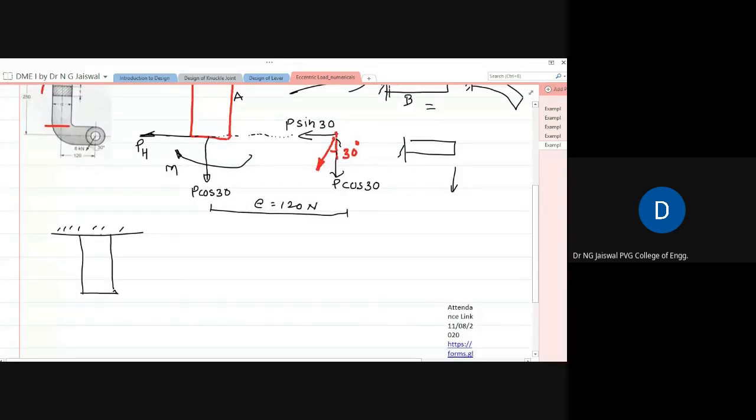This means that the effect of PH is simply this one, this effect. This is that bending moment. Now I'll say that this bending moment is MH. MH is the bending moment because of PH, equal to PH into how much distance?